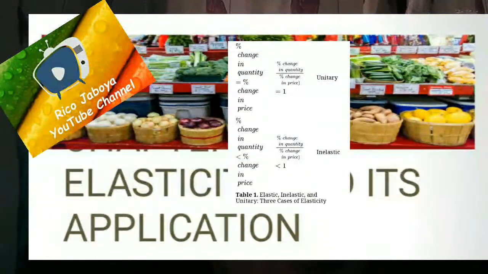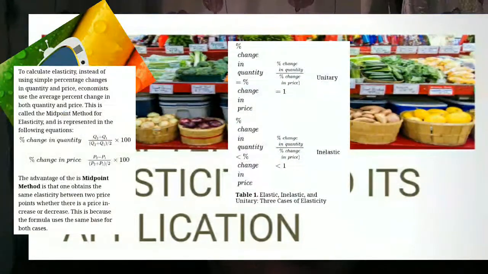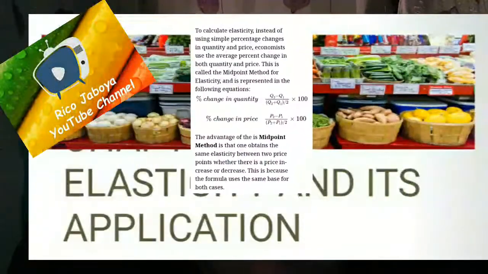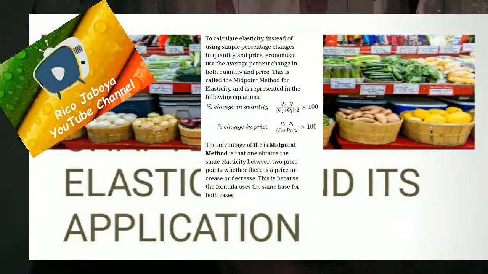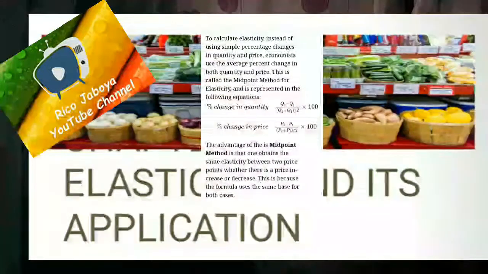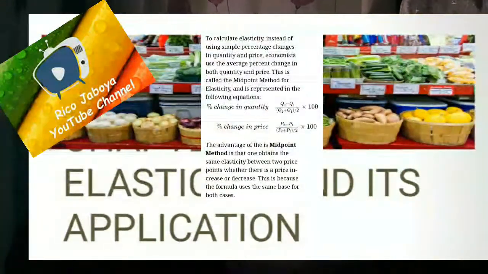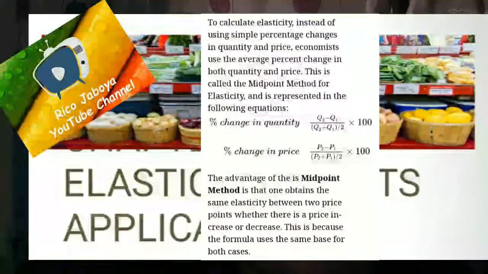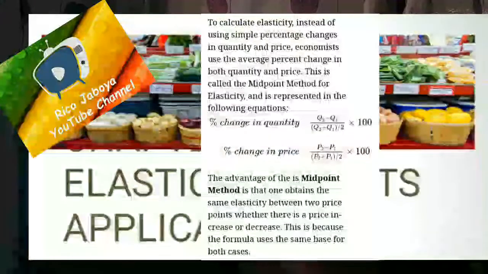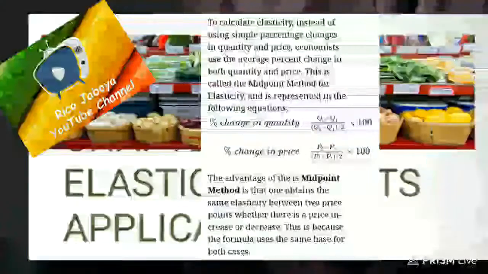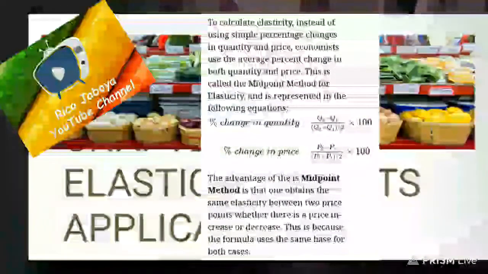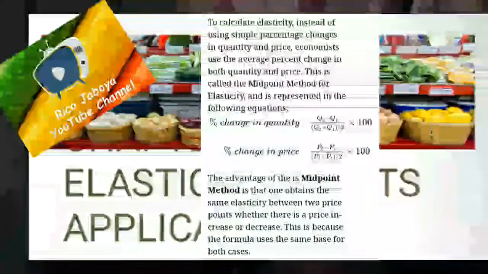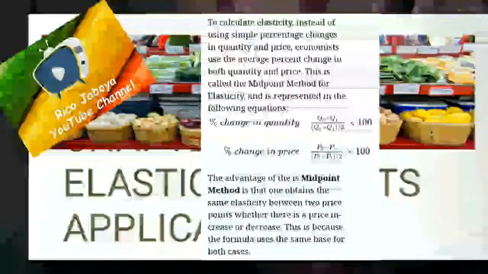Okay? So, let's look at the example of the formula regarding elasticity. To calculate elasticity, instead of using simple percentages, economists use the average percent change in both quantity and price. This is called the midpoint method for elasticity, and it is represented in the following equation.